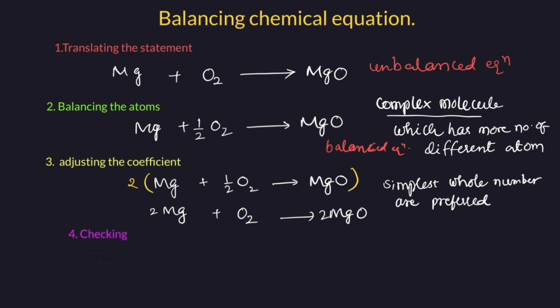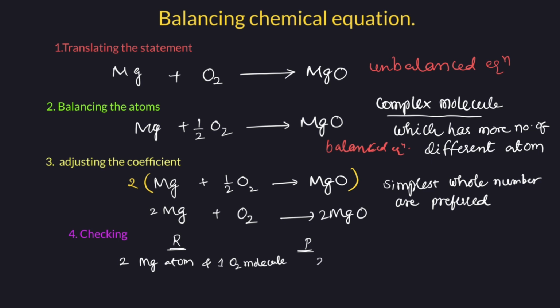Checking the atoms, whether they are balanced or not. According to this, first I will check the reactant, next I will check the product. R means reactant, P means product. According to this, how many are there? Two magnesium atoms are present and one O2 molecule is present.